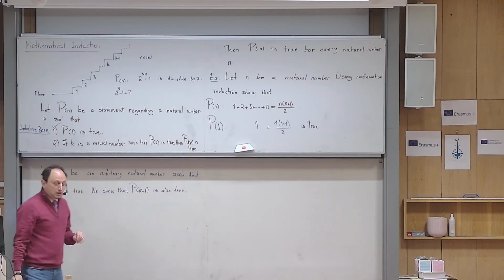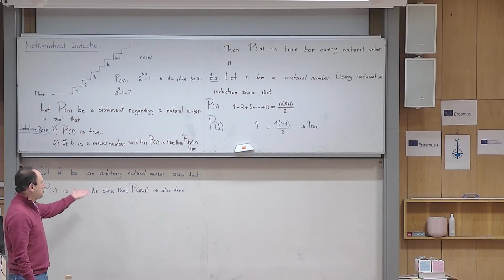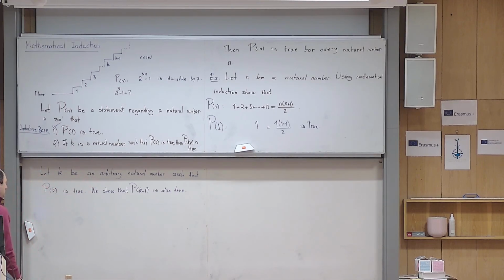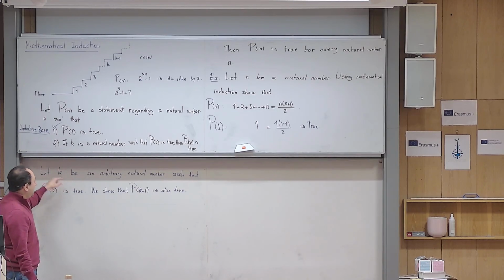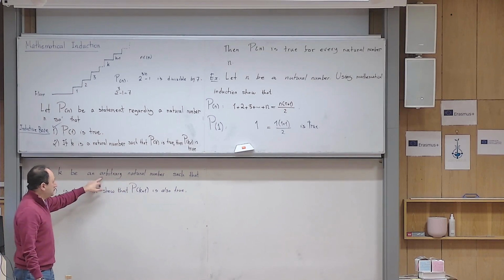Yes, I write this, I don't write it, so you write it in the exam, but I will not write it over and over again. This is always the case, okay? So if you want to write the second one, this is just a sentence that you need to use. So is that clear? I am taking k, I imagine k is a natural number, but arbitrary.